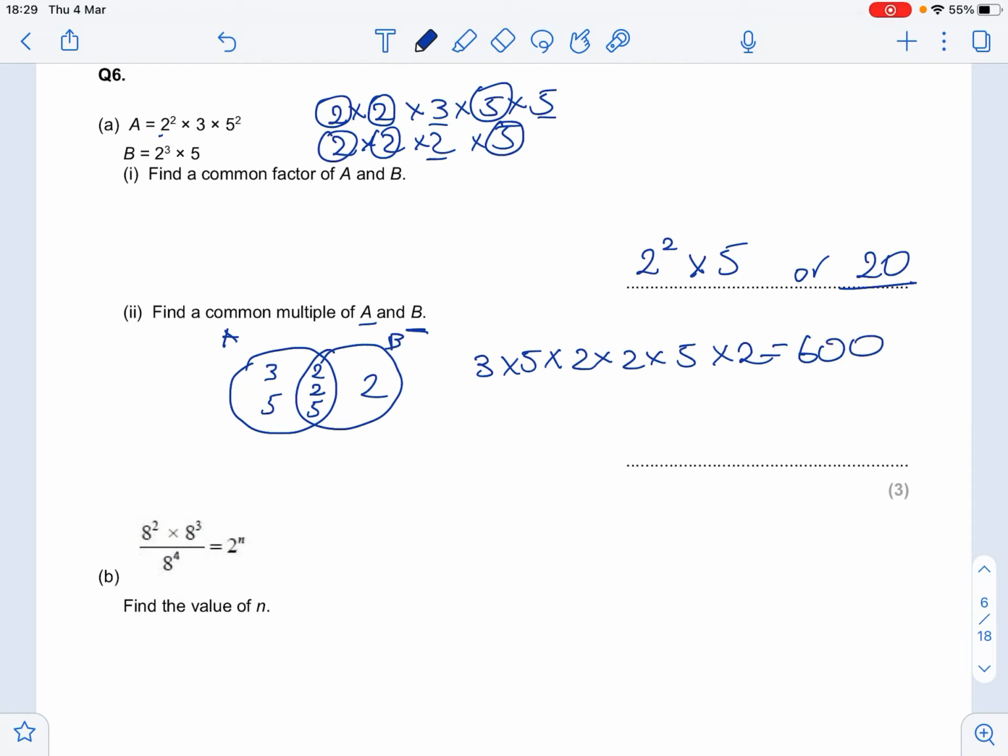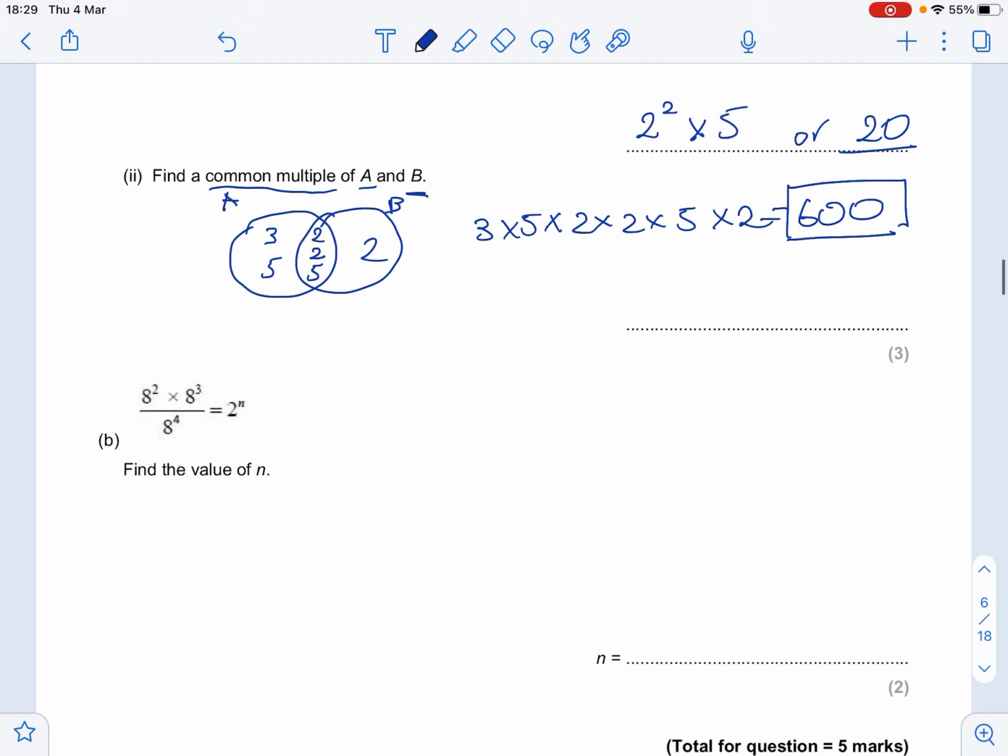So 600 is one of your multiples. Since it only says find a common multiple, it doesn't have to be the lowest, so it's 600.